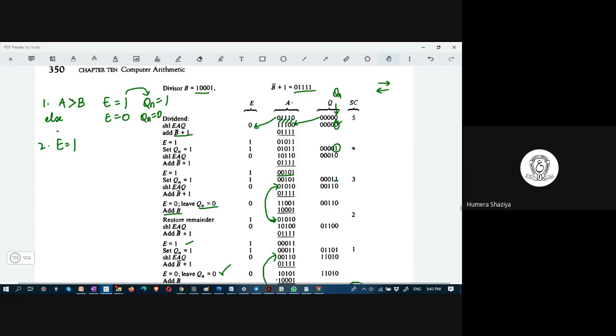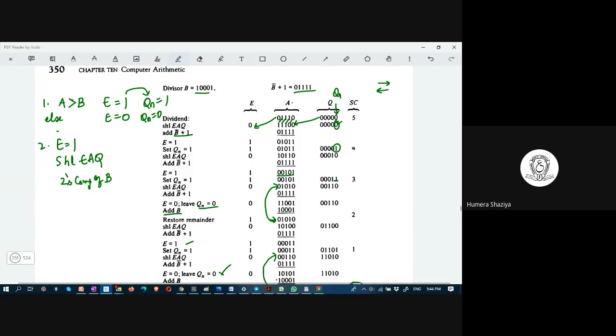EAQ is the dividend, E is the extended bit. You are performing a shift left operation on EAQ. And after performing this, you are adding 2's complement of B.